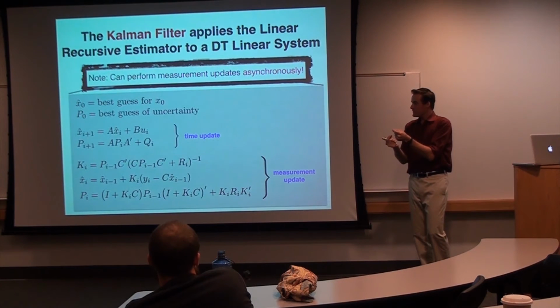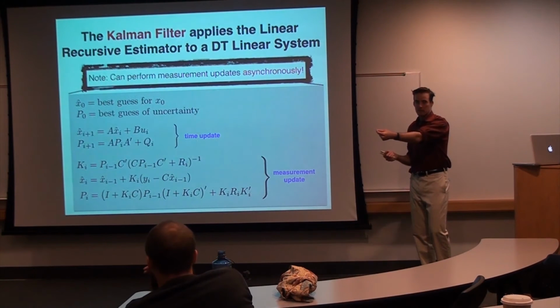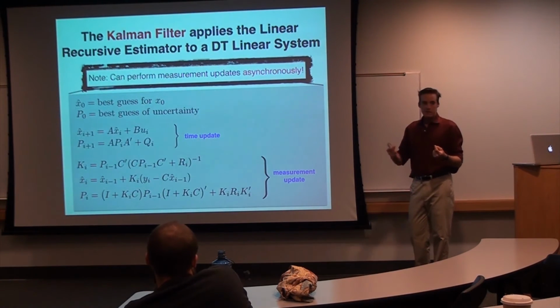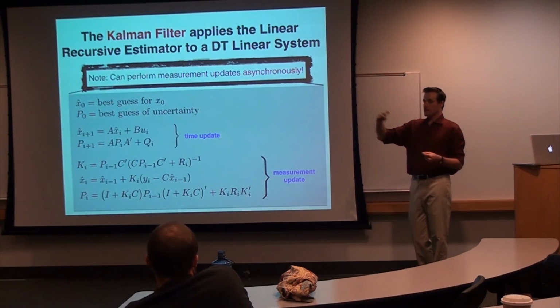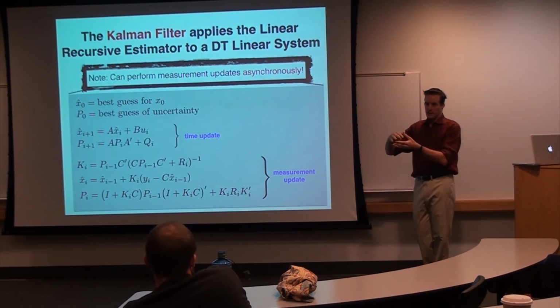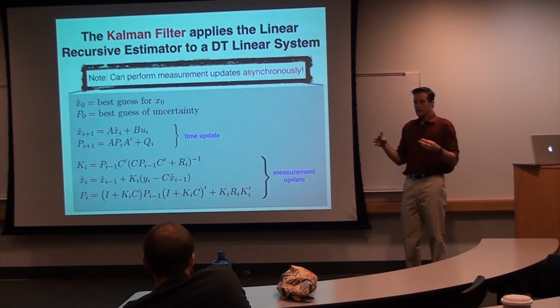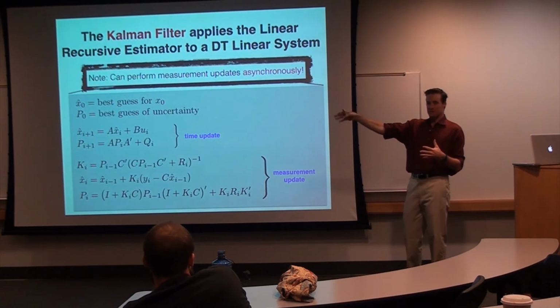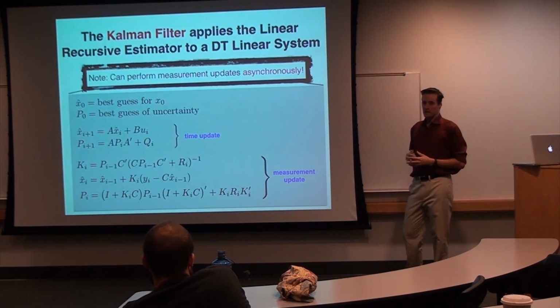And in a real system, you could have the system evolving in accordance with some linear system, but the measurements don't necessarily come in every time step. An example would be a little airplane that is flying around that has a GPS antenna on it. The autopilot is trying to stabilize this airplane, and it's running a Kalman filter, propagating its estimate of the position of the plane and its orientation forward at 100 hertz. But only every 1 hertz does a GPS update come in that the plane can use to correct that estimate.